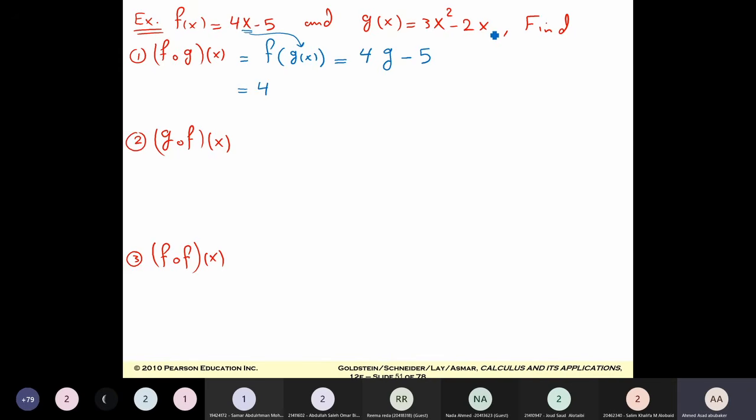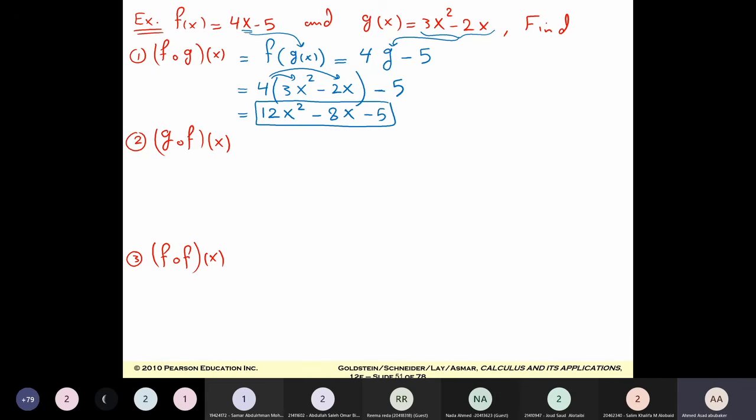The value of g is 3x squared minus 2x. So we replace g with 3x squared minus 2x, minus 5. After simplifying, we multiply 4 with 3, we have 12x squared, and multiply 4 with negative 2, negative 8x, minus 5. This is the composition function f composite g.